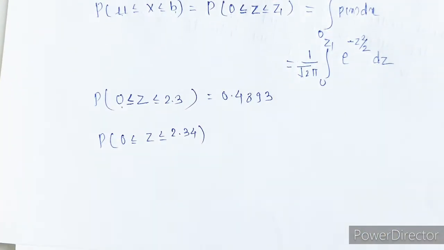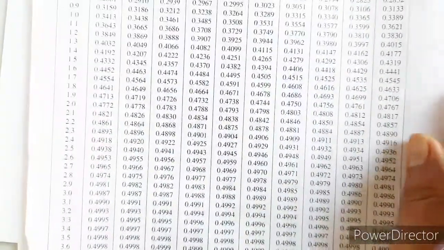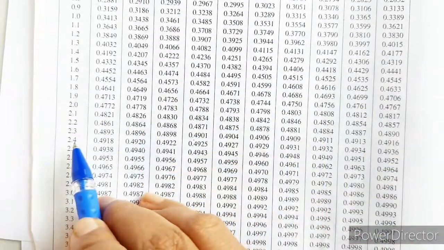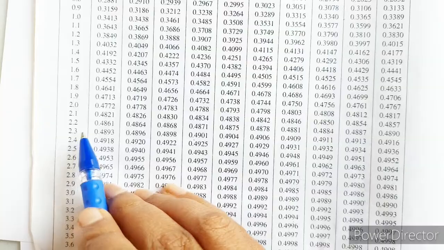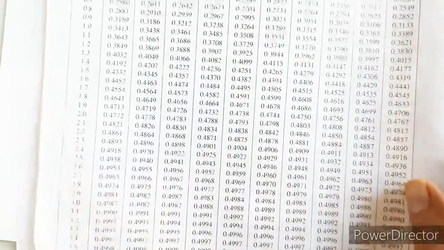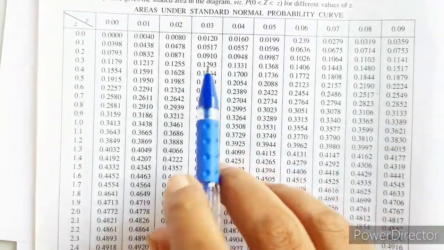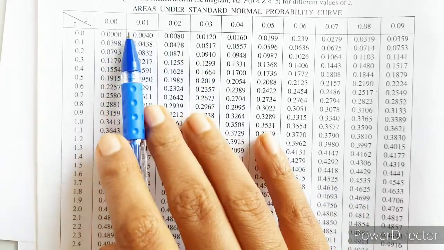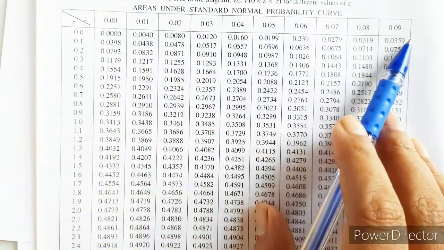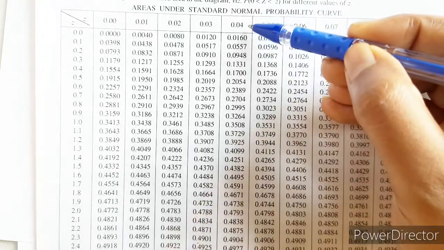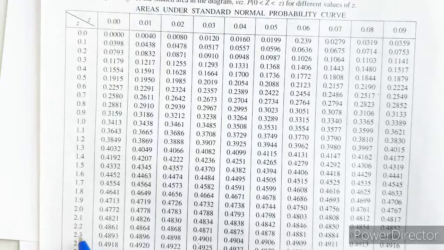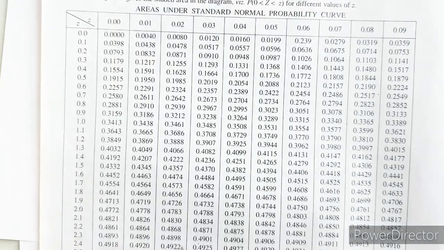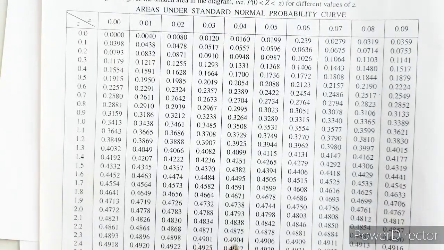Now suppose we need to find the area from 0 till, let me take, 2.34. Again in this table we have to look for 2.3, and since it is 2.34, we have to look for 0.04. These are your rows, and in the columns we have values from 0.00 till 0.09. So in the row 2.3, search for the column wherein we have 0.04.